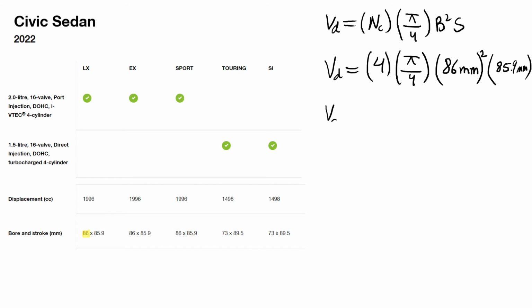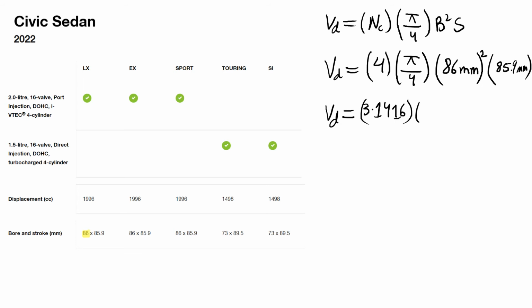Now let's do the calculations. So 4 times pi divided by 4 is 3.14159, rounded up. Which makes sense because you can just cancel these 4s and you just write the value of pi, which is 3.1416.